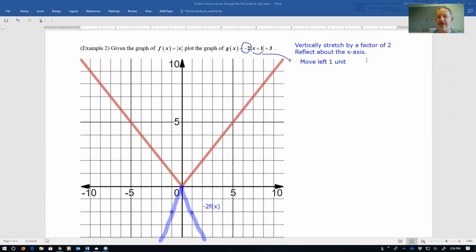Finally, we have an outside change of +3. This is totally intuitive. So this +3, we know, moves the graph up 3 units. So this one will shift the graph up 3 units. When we're done, we'll have something that looks like this.